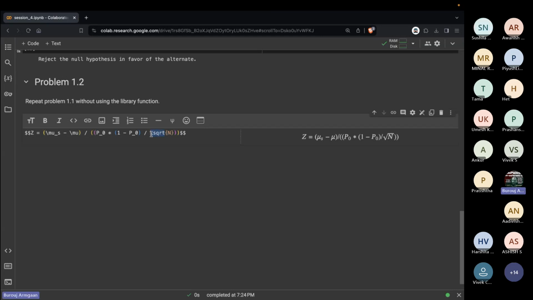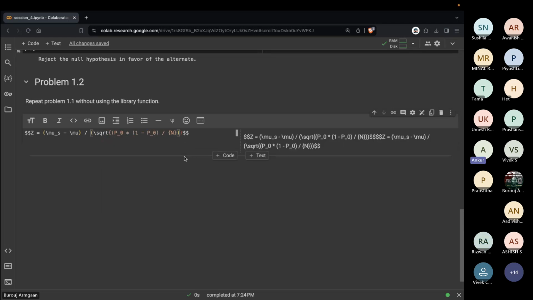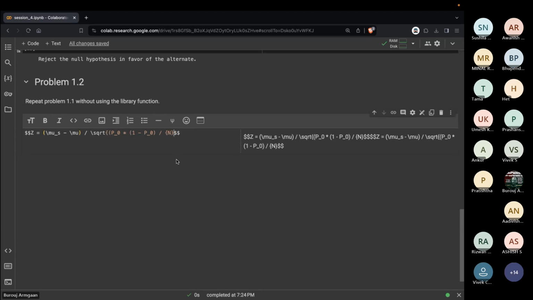Maybe this square root should be over the whole thing. Yes, now it's okay, I guess. Wait, I messed it up. We have this divided by the square root of p0 times 1 minus p0, whole divided by this thing. So is it coming out correct?